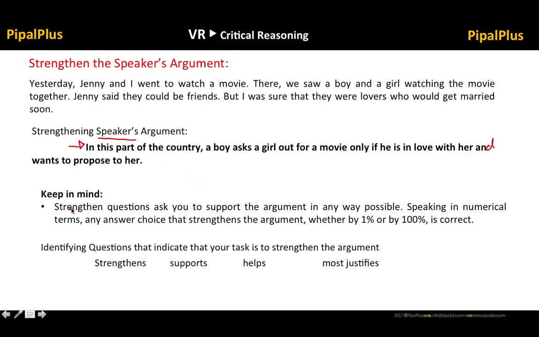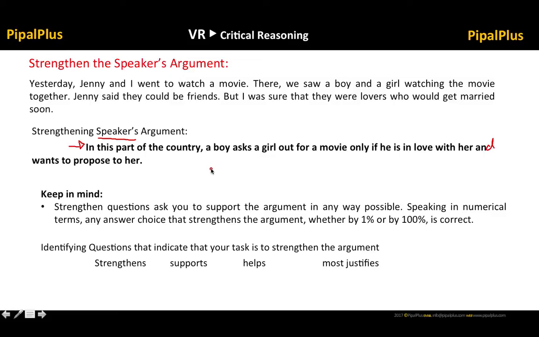So while we are strengthening, we must only consolidate on what the speaker has assumed. It need not be that a statement like, in this part of the country, only lovers who are engaged to get married go out on a movie date.